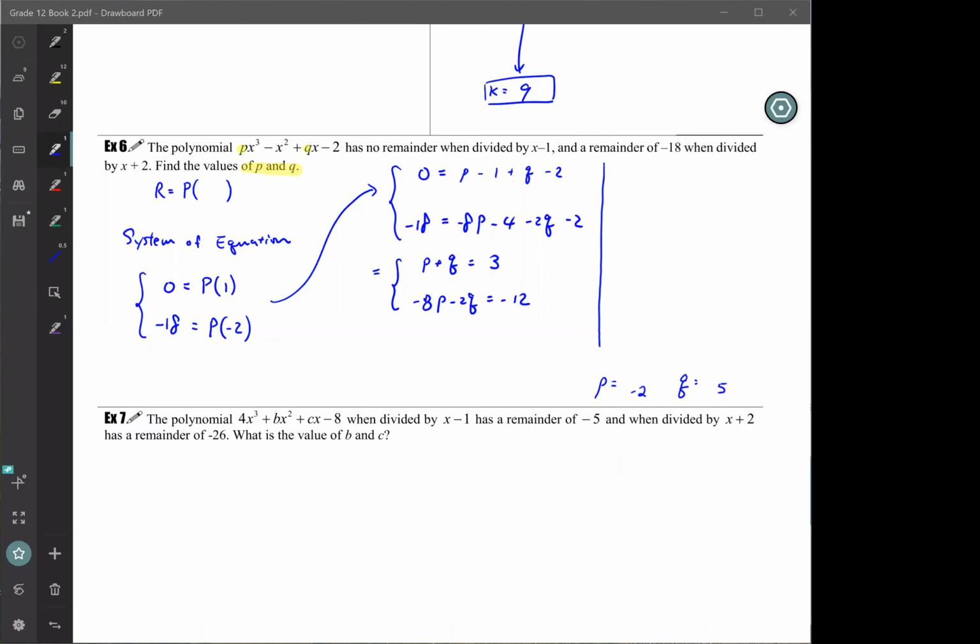Okay, so Eric, what do you have? I have P equals 1 and Q equals 2. Q equals 2. Okay, double check your elimination or substitution. Check your steps. Okay, Donna, what do you have? Same as Eric, so 1 and 2.